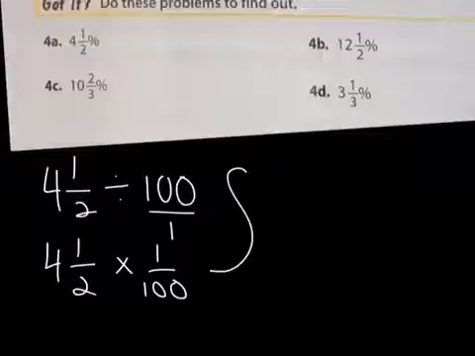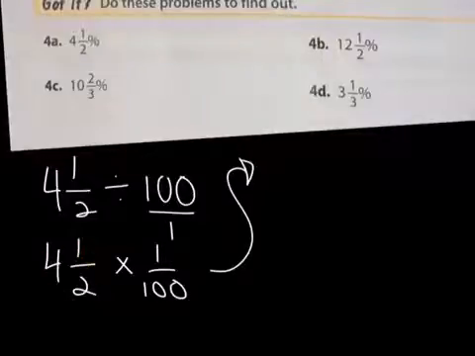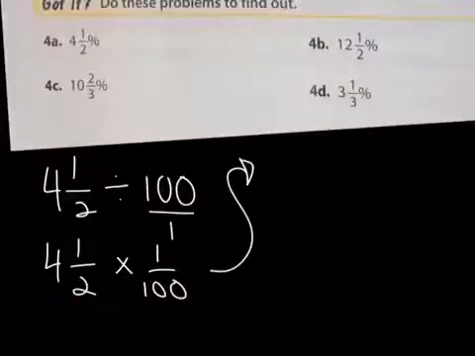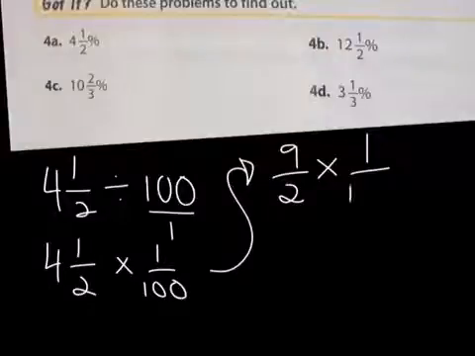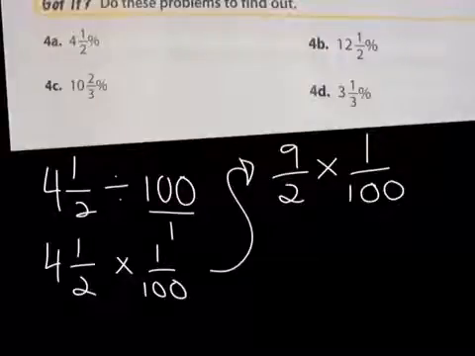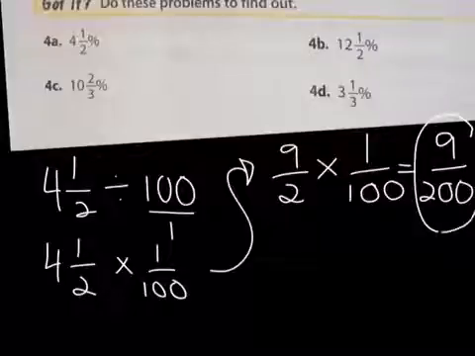And now I'm going to continue up here by converting this mixed number into an improper fraction. 4 times 2 is 8, plus 1 is 9 over 2 times 1 over 100. And now I can just go ahead and multiply straight through because there's no cross-referencing, and I have 9 over 200. And there it is. That's our answer for number 1.